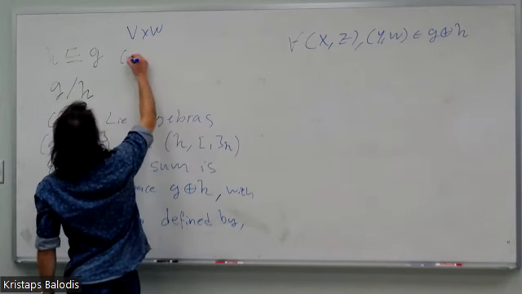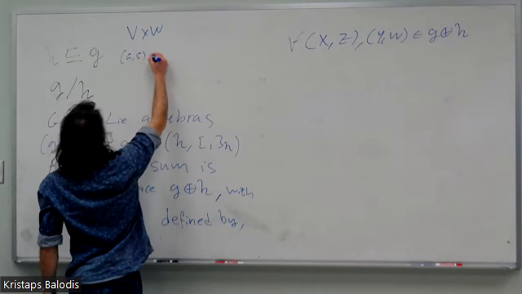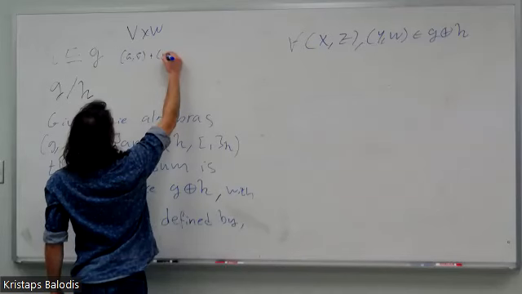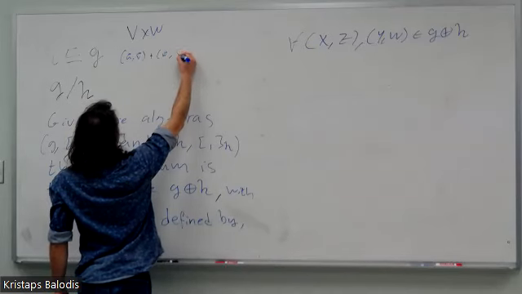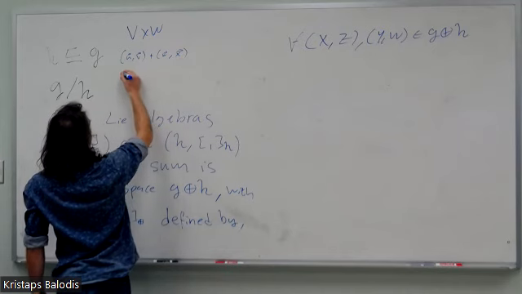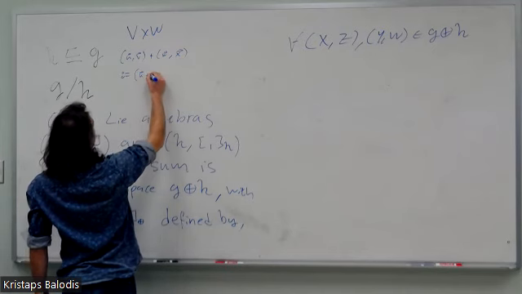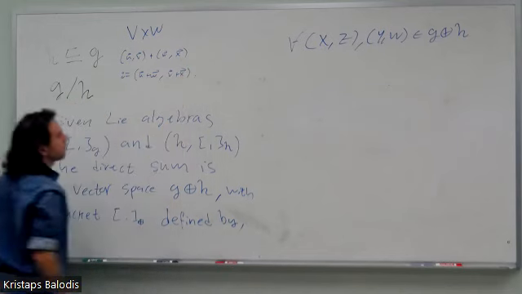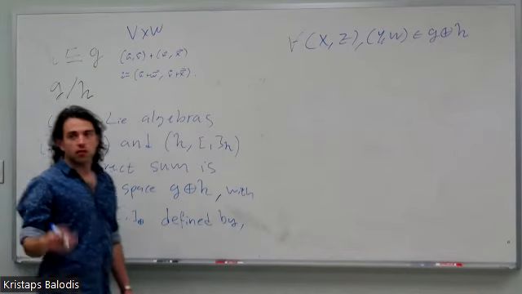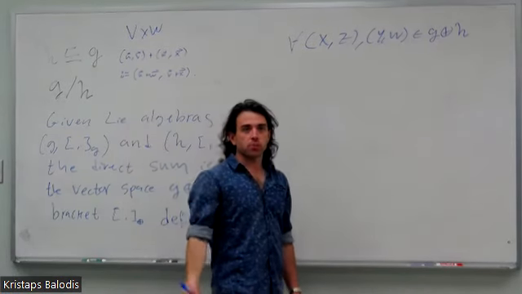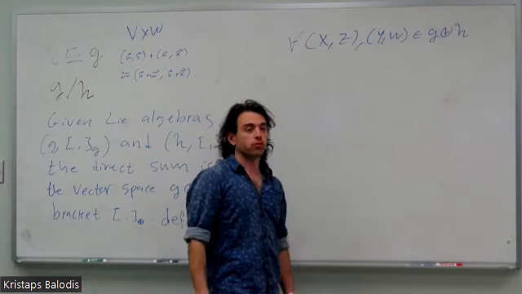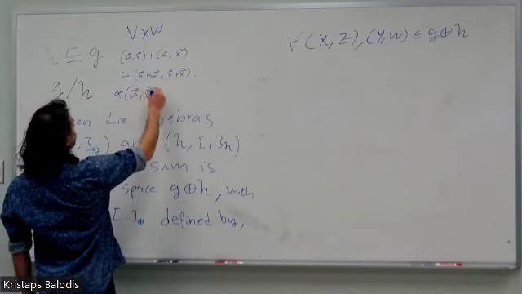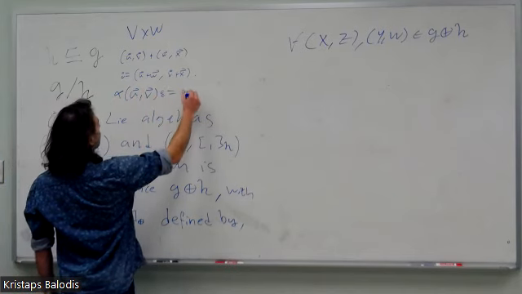Sorry. We define this (u, v) plus (w, x), right? We define that to be this thing. And then a similar thing with scalars. The scalar comes in and hits both of those vectors, right? So alpha (u, v), we define that to be (alpha u, alpha v).